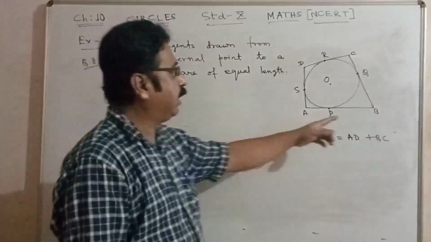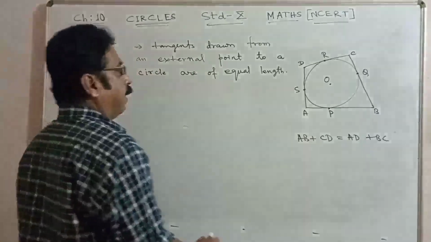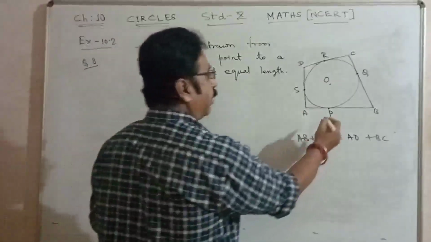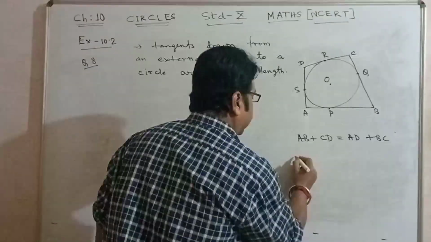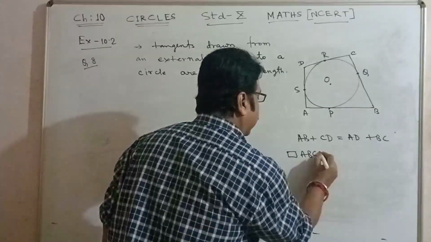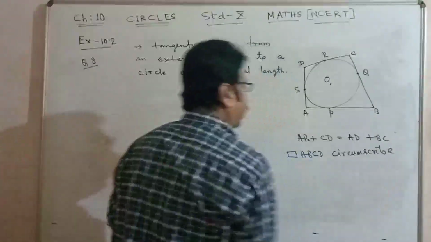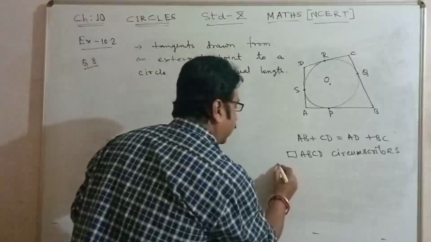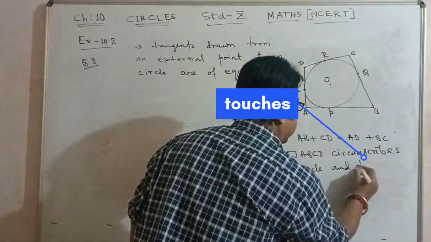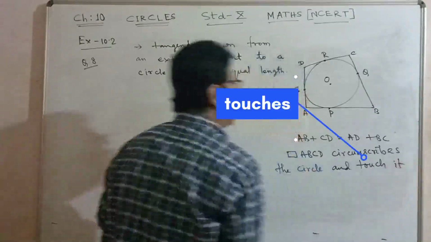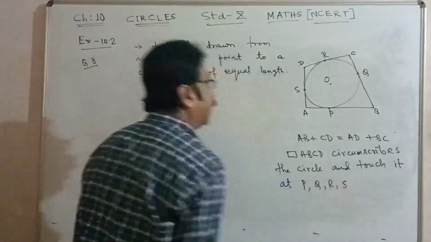Given data you can write: ABCD is a quadrilateral which circumscribes a circle and touches the circle at 4 points P, Q, R, S.